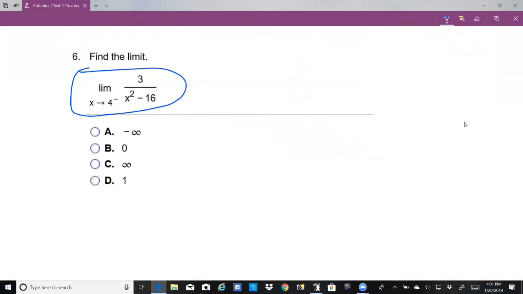You can go ahead and factor the denominator so you can sort of see what the vertical asymptotes are going to be. Notice that x equal 4, x equal minus 4 are going to be the vertical asymptotes.